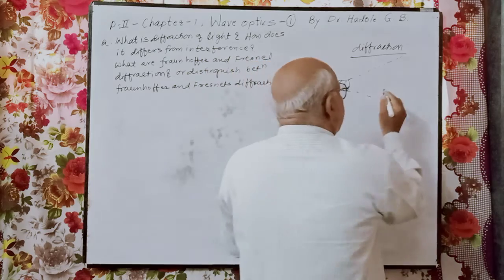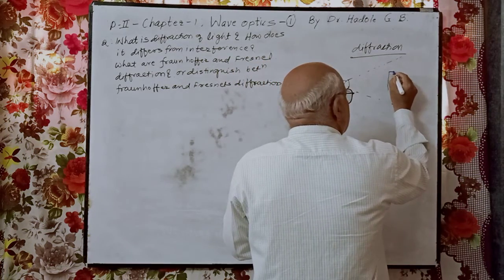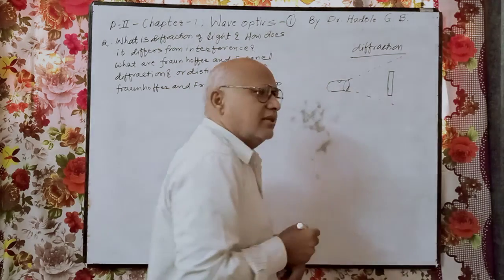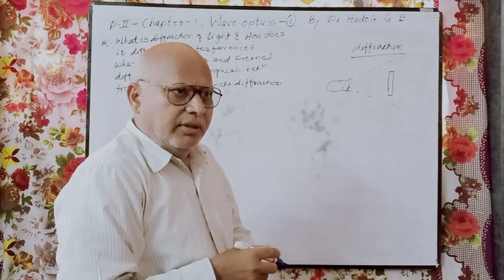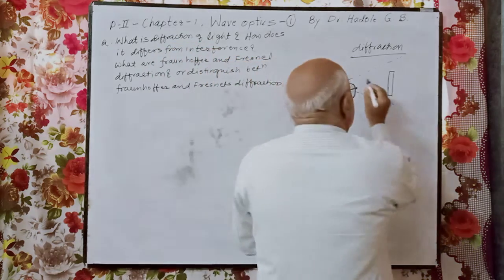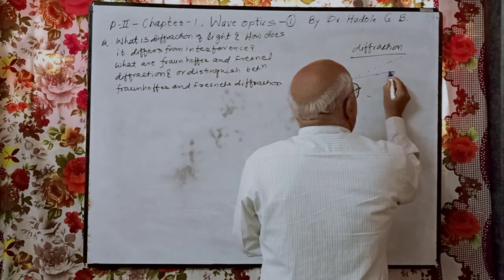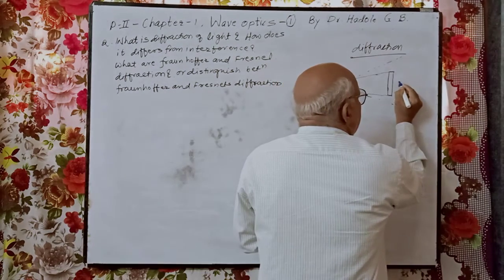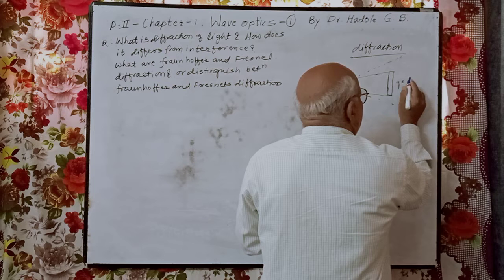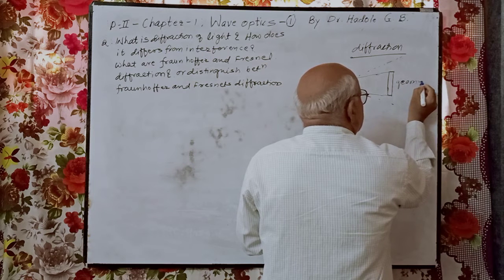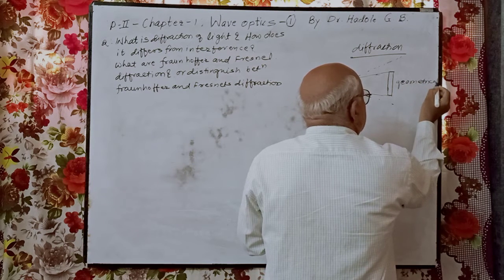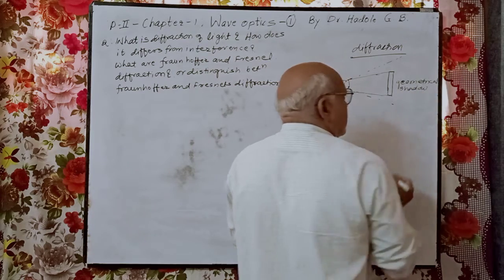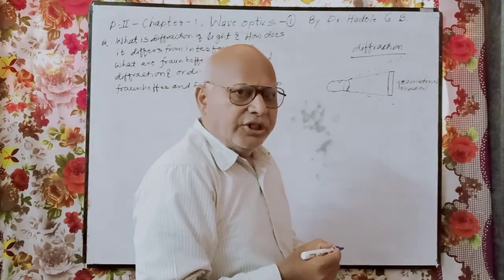Not only this, suppose that an object is kept in the path of this light. Then what happens? Suppose that a ray of light is traveling like this. Then here there will be a geometrical shadow.